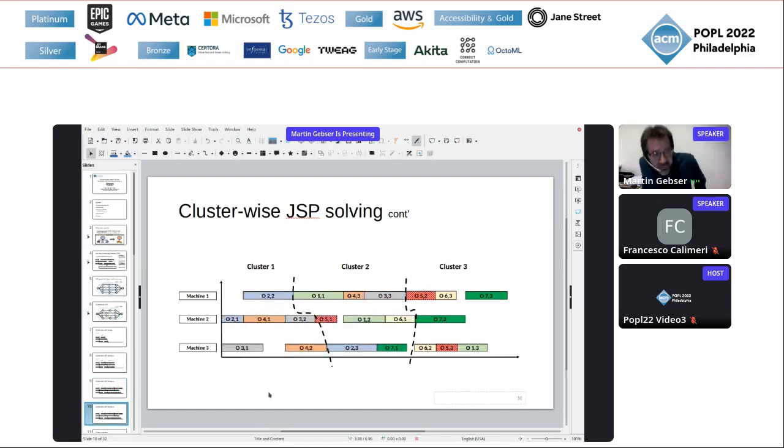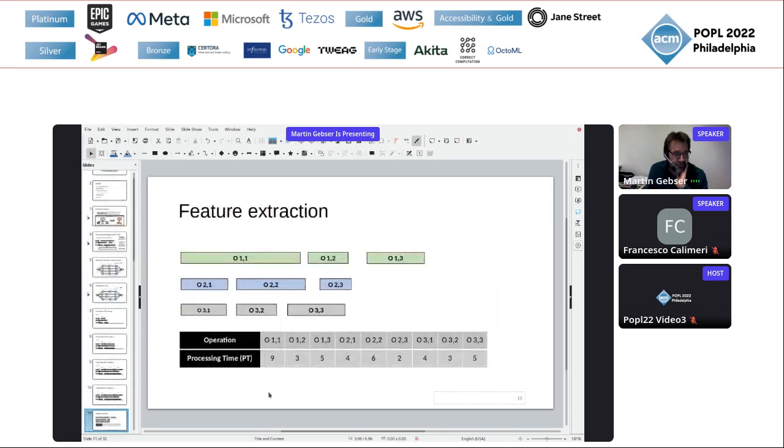And at the end, we see our final schedule, and the hope is that the clustering was done well, and that the local optimization also comes close to some globally optimal schedule. Then it would be the perfect situation, and the problem is how to get there.